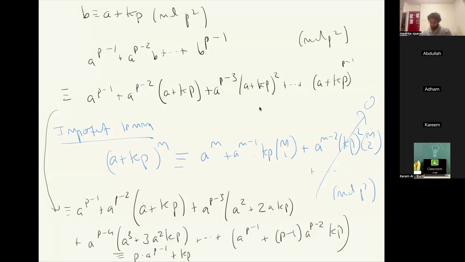And we can also pull out a to the p minus 2, a to the p minus 2, okay, we can call it a to the p minus 2. And what's left now is 1, 2, 3, and all the way up to p minus 1, right? I think we'll end up with this.